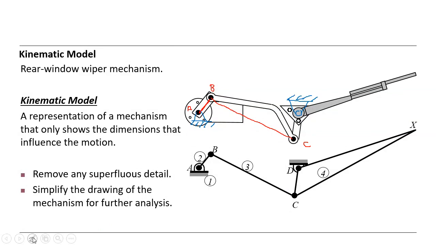And then we can build our mechanism. Let's select the color red. So this is the link, and this is also the other part of the link, like this.